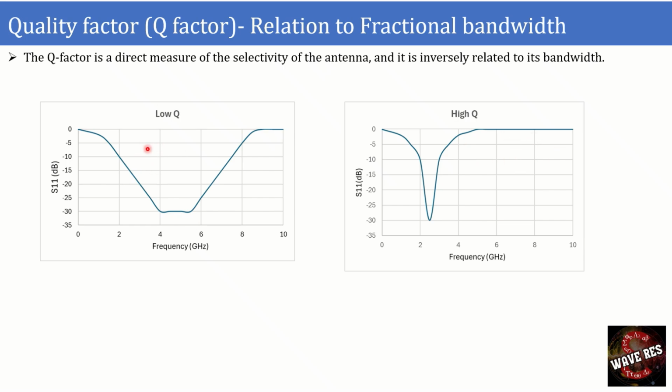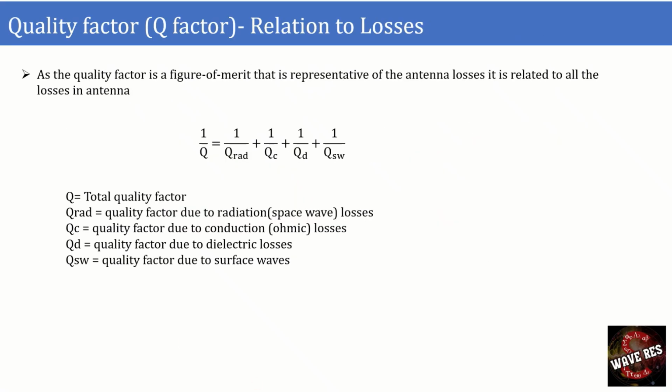But in the case of a low Q system, it has a very high range of resonant frequencies. So the frequency selectivity is not high because it is resonating at different frequencies. Also, in all these frequencies, as it is resonating, energy is lost or radiating. So it is inversely proportional to the bandwidth of operation.